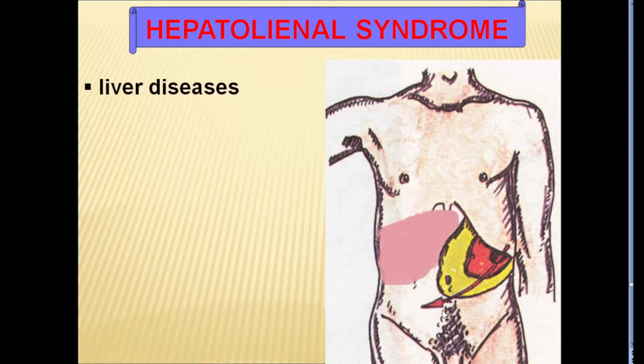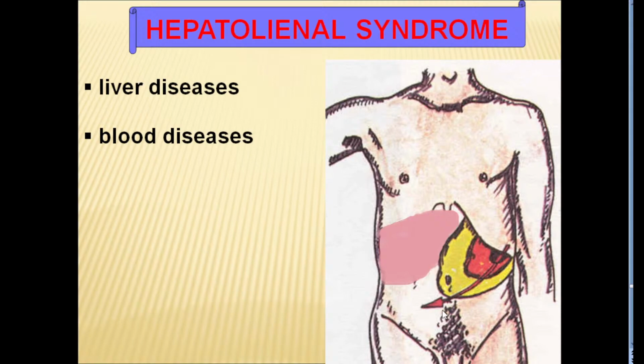It is characteristic for some liver diseases: initial stage of liver cirrhosis, hepatitis, especially acute hepatitis, toxic hepatitis, cancerous process. We must remember about blood diseases. Some minutes ago we said about hemolytic and B12 deficiency anemia when both spleen and liver are involved in the pathological process.